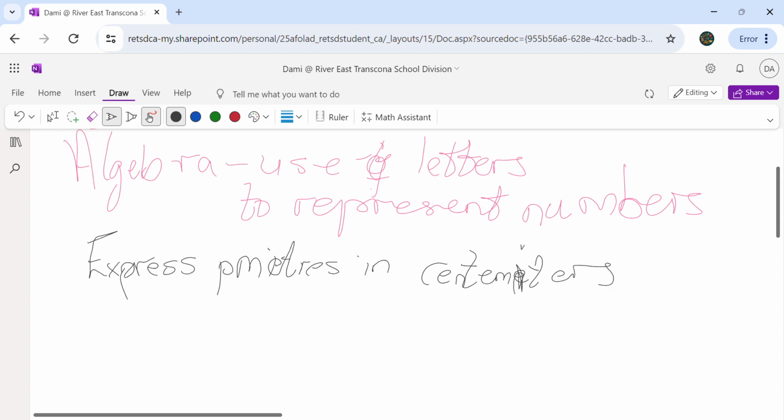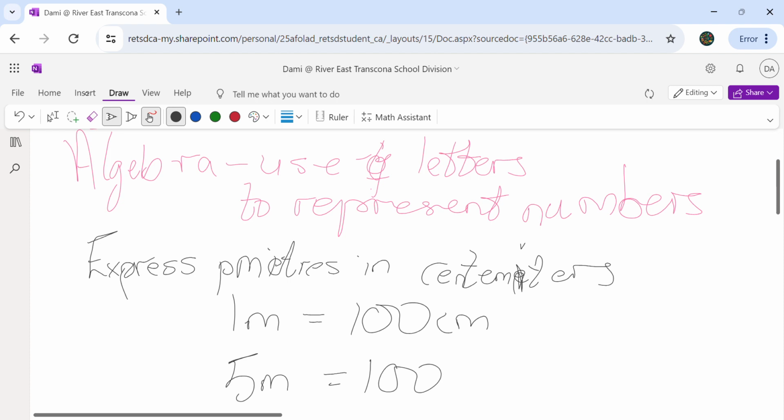This should be an i. 1 meter is 100 centimeters. So to go to 5 meters, you have to multiply 100 by 5. So basically, we take this 5 and input p. So we have 100p centimeters.